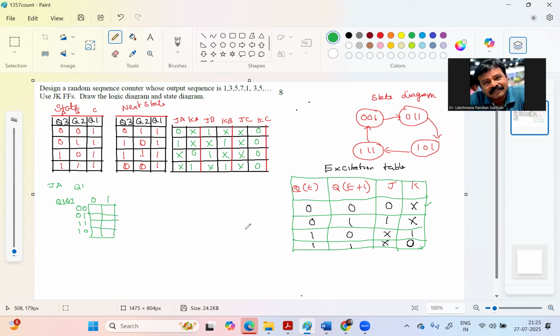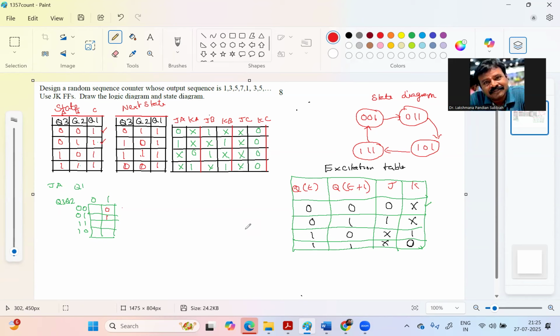This is 0, so this is 1. For 1 we are having 0. Then for 3 we are having 1, so 3 is here.